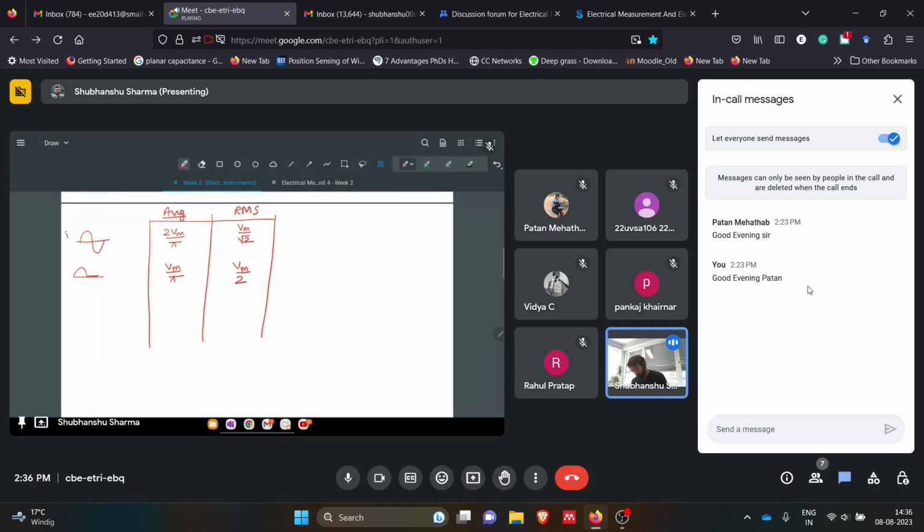This is 1, 2, 3. If we have a square wave or rectangular wave, having both equal time periods, then the average is Vm and the RMS also remains Vm in this case.